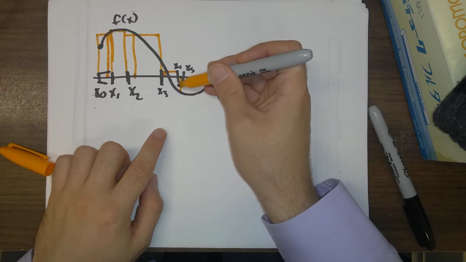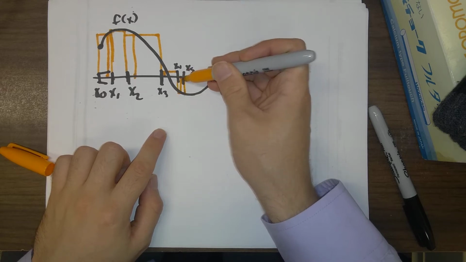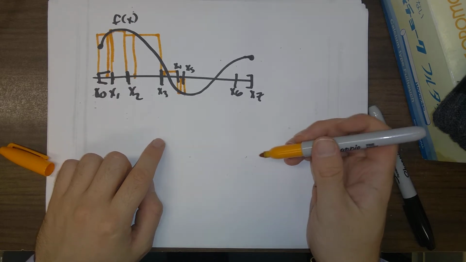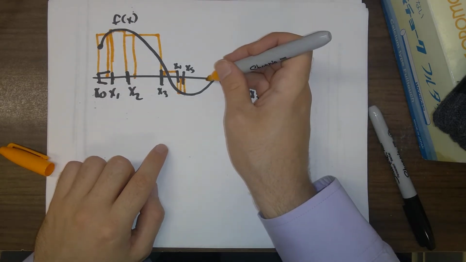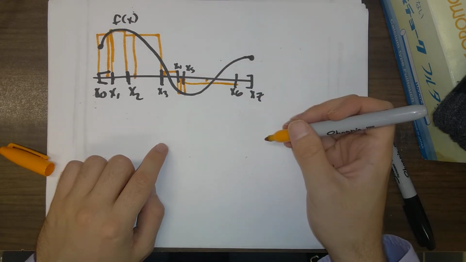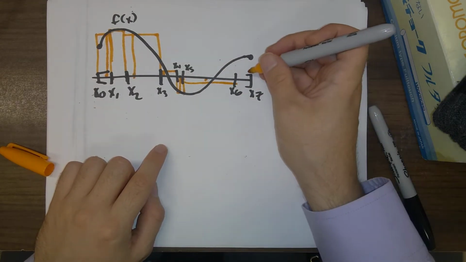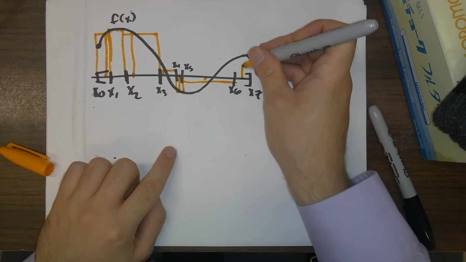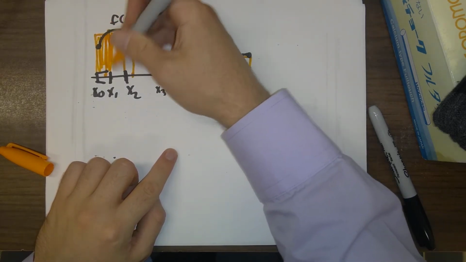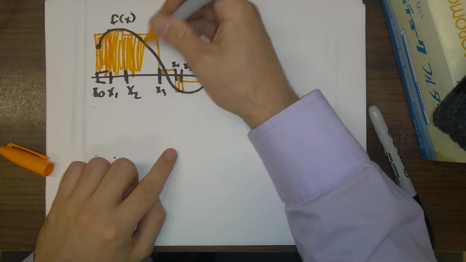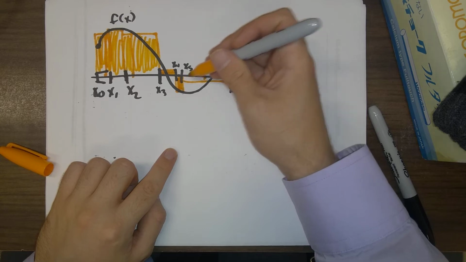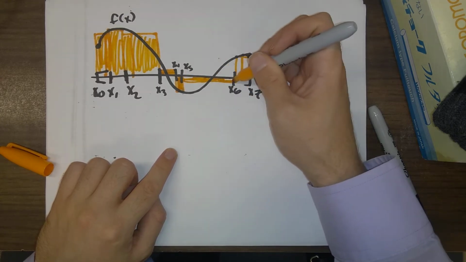Now when I form a rectangle, I'm actually going below the axis. This is the first time I've seen something like that. Suppose I pick that point there. Again, my rectangle is below the axis. And one last rectangle. This is what I'm shading in here for all of those rectangles.